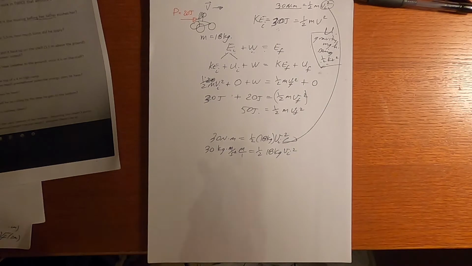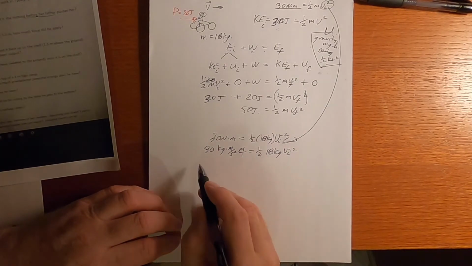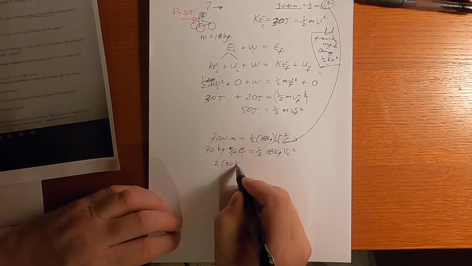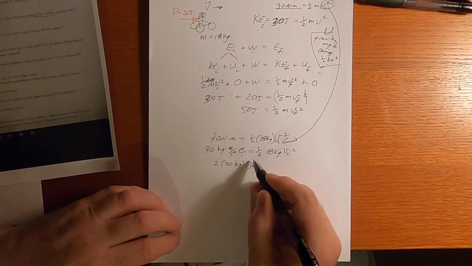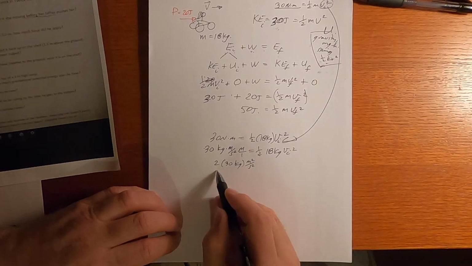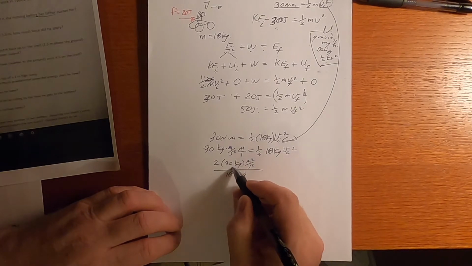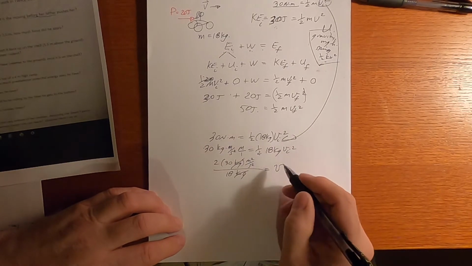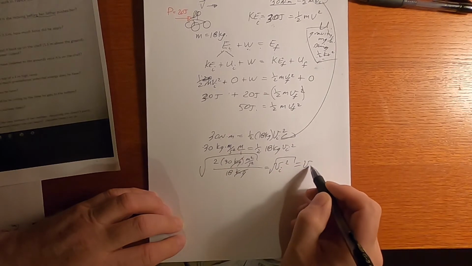So we would bring this up here, times 2, bring that down there, so we get 2 times 30 kilogram meter squared per second squared. Then the 18 kilograms would come down and cancel out the kilograms, and then we'd have VI squared. Take the square root of both sides, and we get VI.